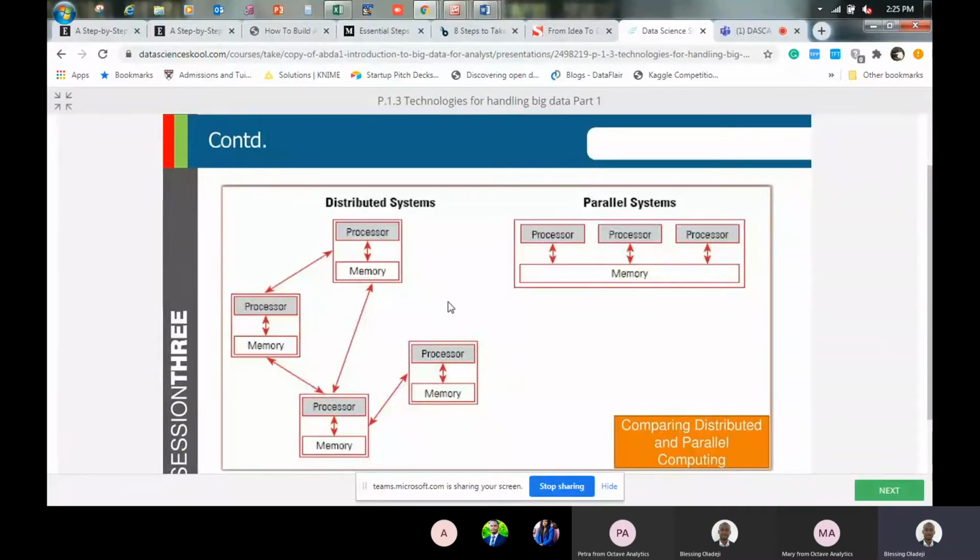So assuming that there's a disk drive somewhere, the processor goes to the disk and takes that job and puts it in memory and executes it in memory, and the processor goes again and takes the job from memory and writes it back to the disk. So there's always a lot of back and forth between the processor and the memory and the disk.